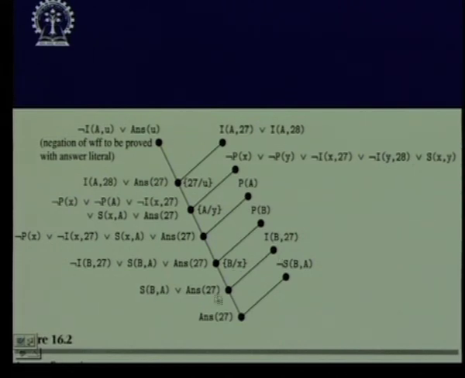I substitute this, and ultimately when I get this contradiction, my leaf node will come to 27 and that is my answer. Just see that in the normal resolution case, this part was not there. I would have started with this and ultimately I would have come to a null clause here.